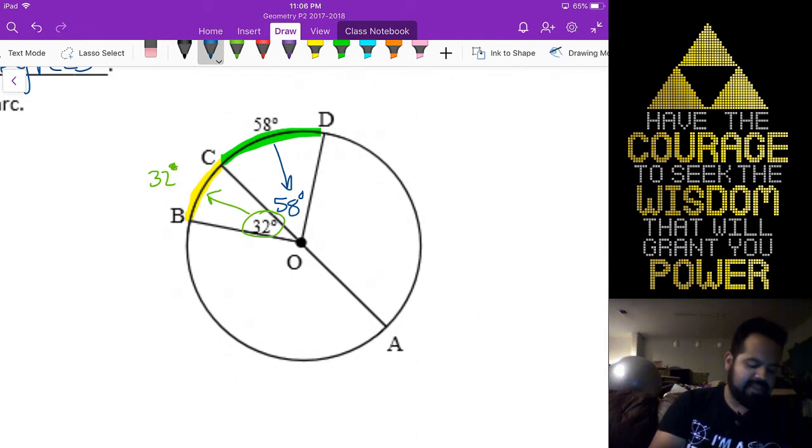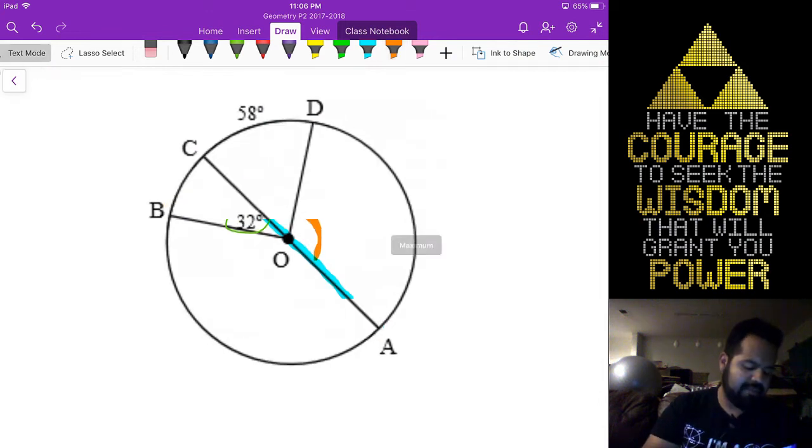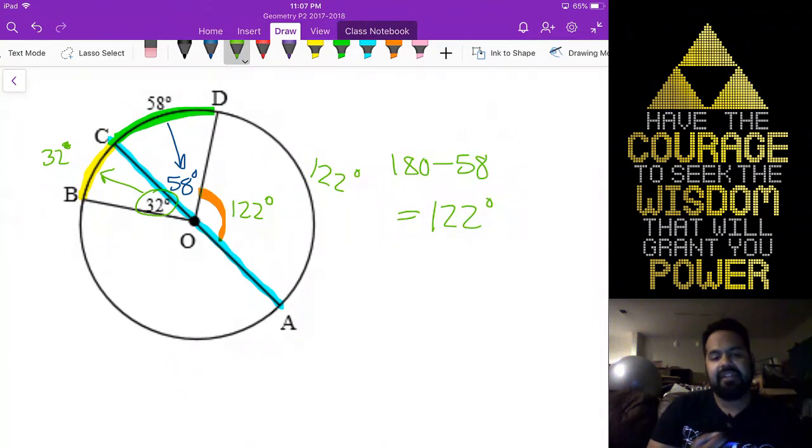Now we have to remember that there's a semicircle, and that's because this line here is our diameter. So that means that this angle here can be found by doing 180 minus 58. So that should give you 122 degrees. Which also means that this outside arc is 122 degrees.